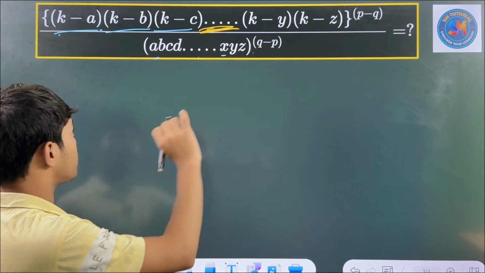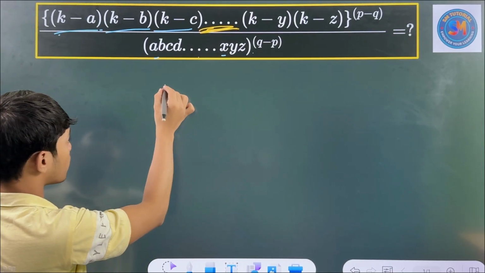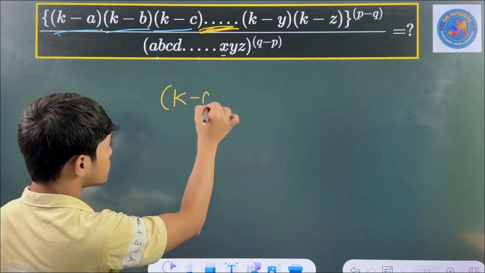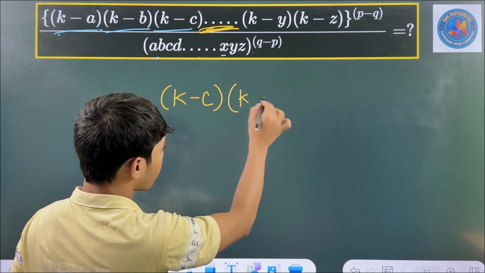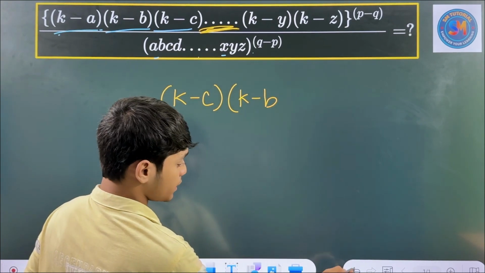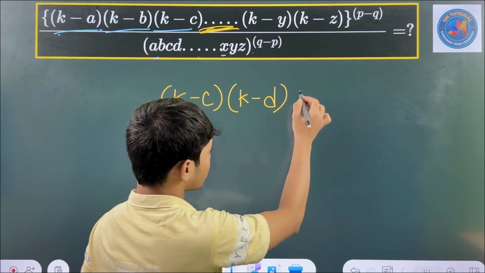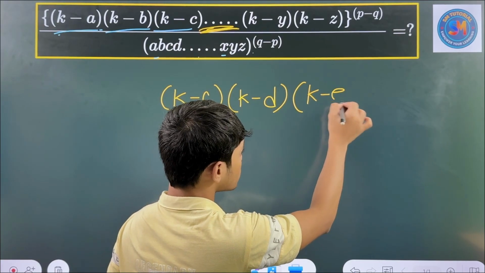If you think about what is going on, k minus c, and then k minus d, then k minus e.